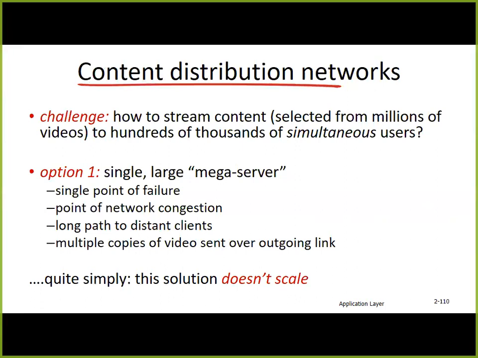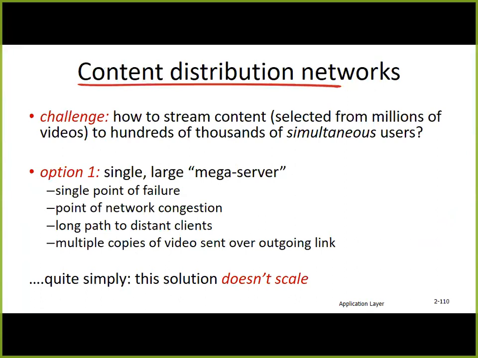You will probably notice in some of the URLs you see an Akamai CDN or something like that. Content distribution networks, Akamai is one of the really big ones. It's headquartered in Boston, but they have servers all over the world. How do we stream content from millions of videos to hundreds of thousands of simultaneous users?